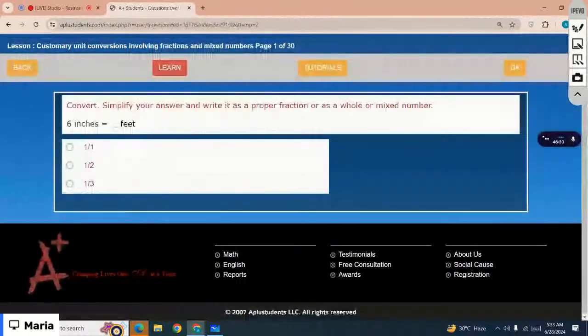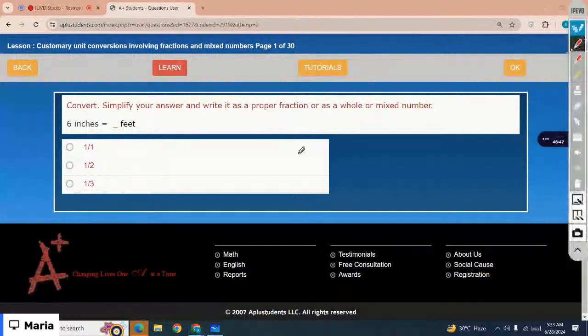Convert, simplify your answer and write it as a proper fraction or as a whole or mixed number. So which is the correct option? 1 foot equals 12 inches, right?